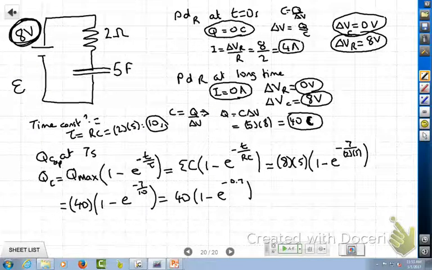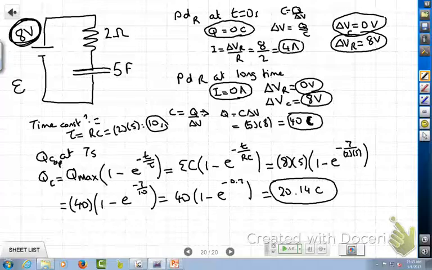I like to do these backwards, so I go second e to the x, negative 0.7, close bracket, then 1 minus second answer, then times 40. I make fewer mistakes when I do it like that, and that equals, oh my word, 20.14 coulombs.